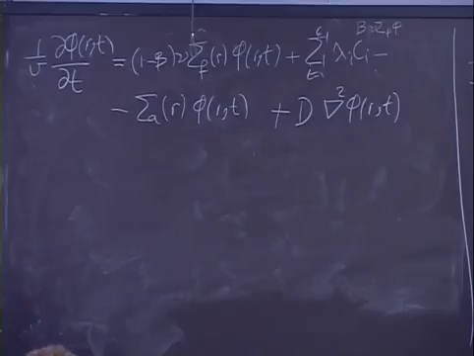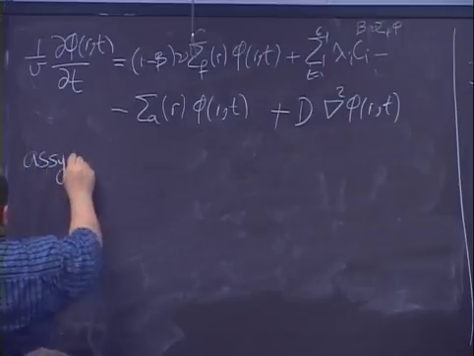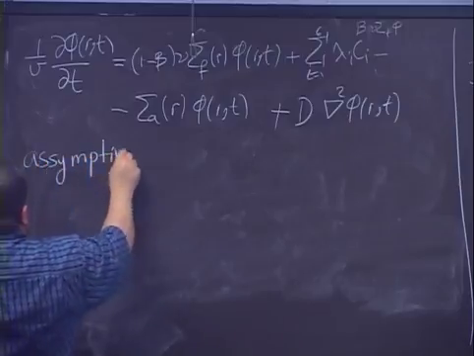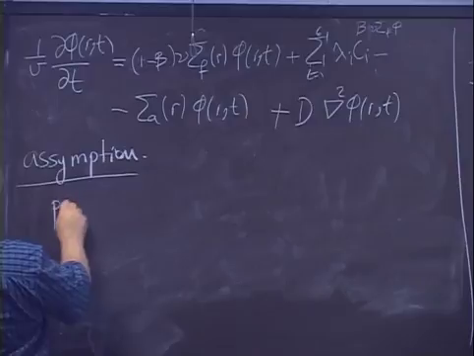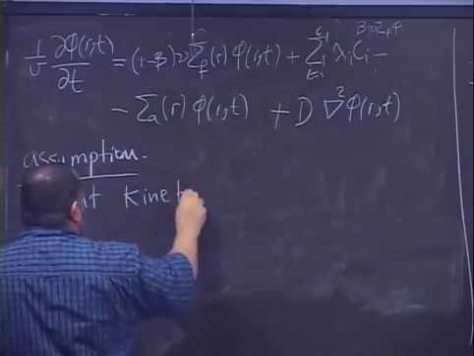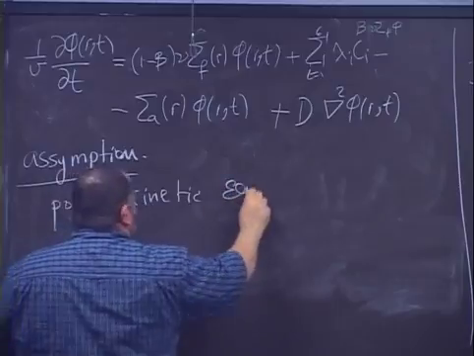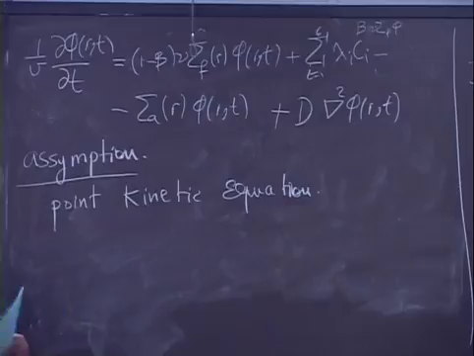So the main assumption here in deriving the point kinetic equation, we will derive what we call the point kinetic equation. Why do we call this point?